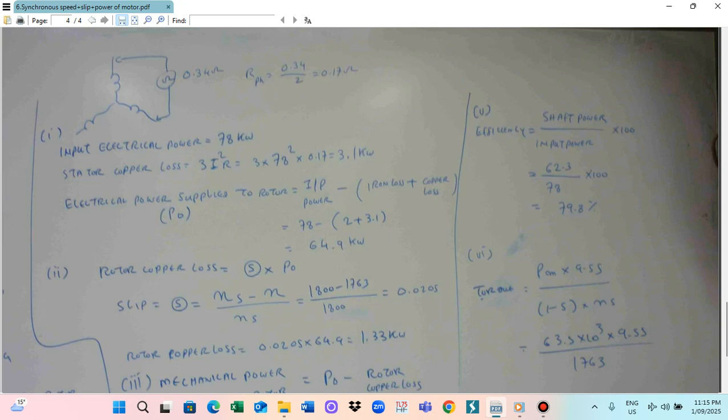Firstly, the input electrical power is equal to 78 kilowatt. And then stator winding resistance per phase is already calculated as 0.17 ohm, and we calculate the stator copper loss.